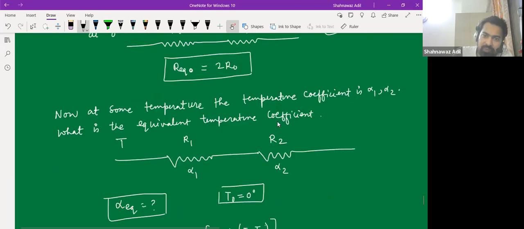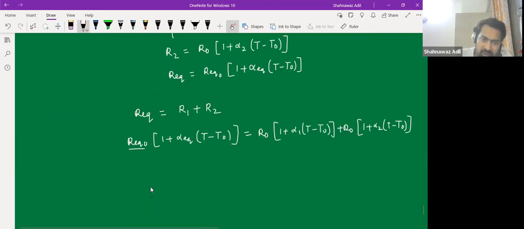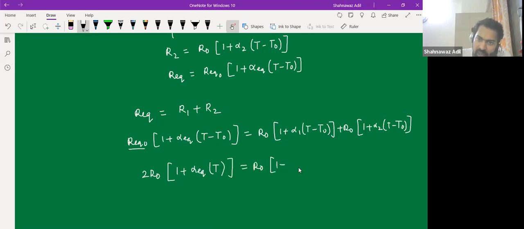Right? So let us put that value. So 2R naught, and this is (1 plus alpha equivalent T minus T naught), and T naught is 0, so this is T, and then R naught (1 plus alpha 1 T) plus R naught (1 plus alpha 2 T).